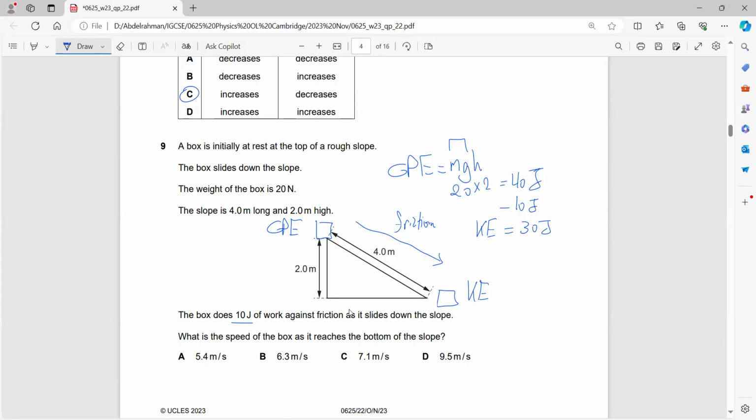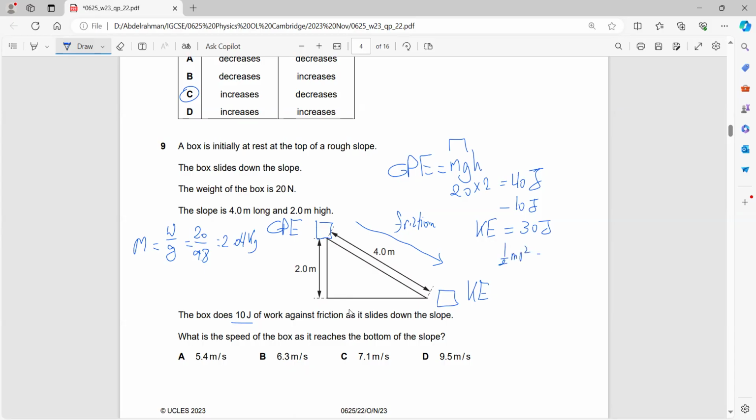Mass equals weight over g, which is 20 over 9.8, just above 2, so 2.04 kilograms.